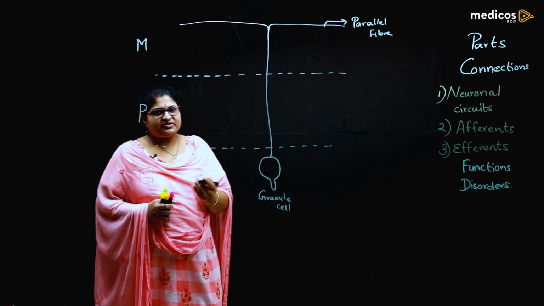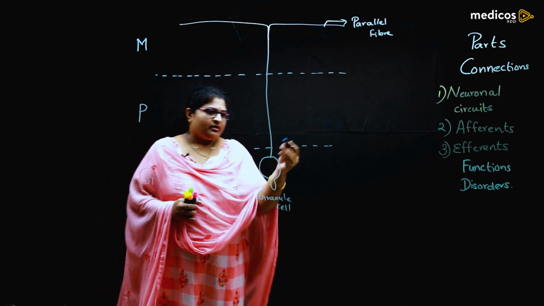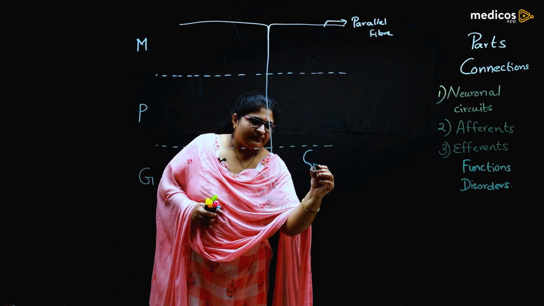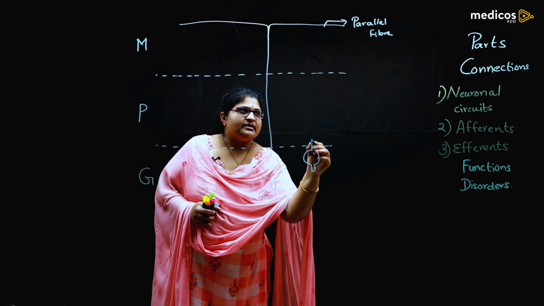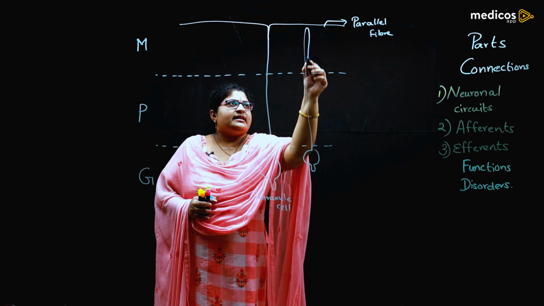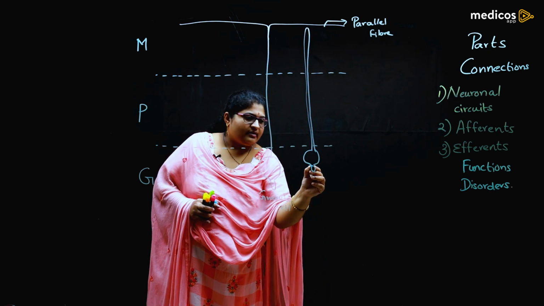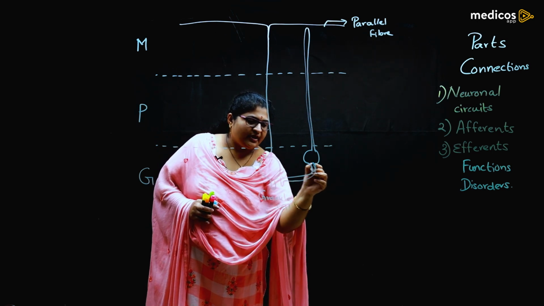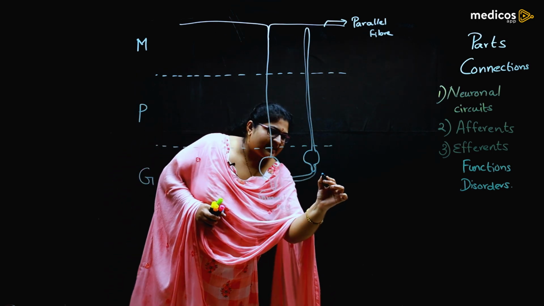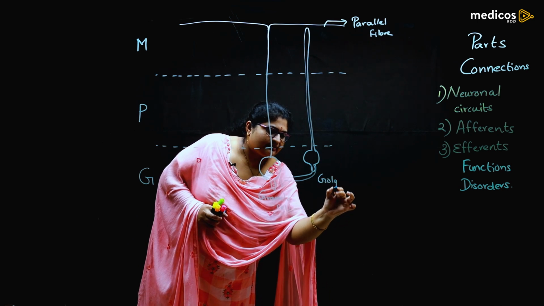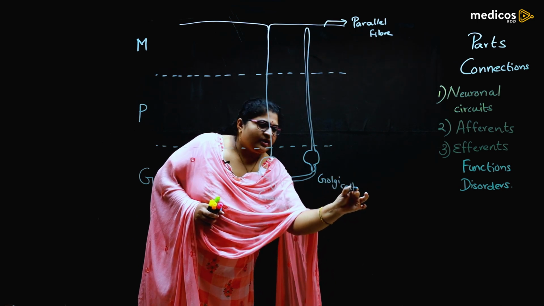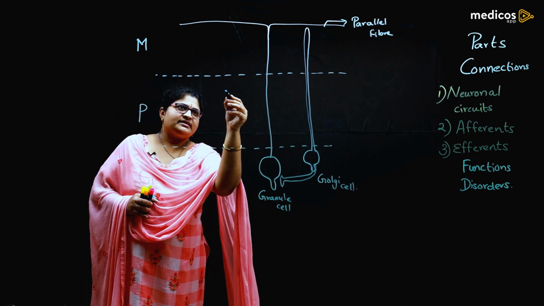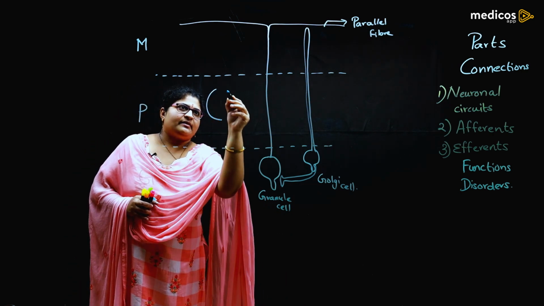And another type of cell is present in the granule cell layer, that is called as Golgi cell. So this is Golgi cell, and this has an influence over the granule cell. And in the Purkinje cell layer, it has a cell called, of course, the Purkinje cell.